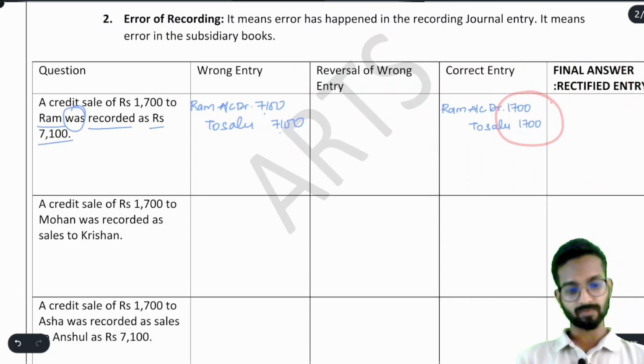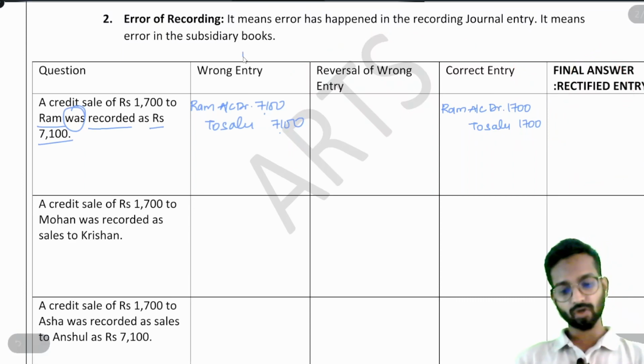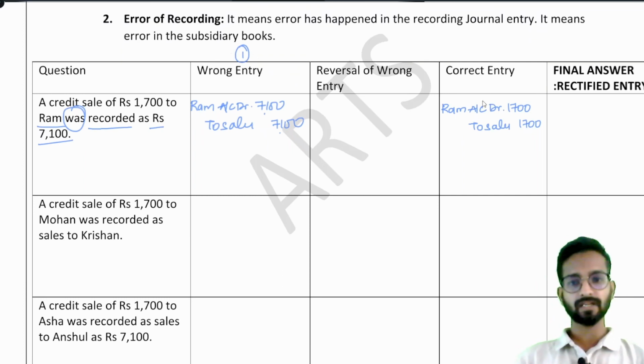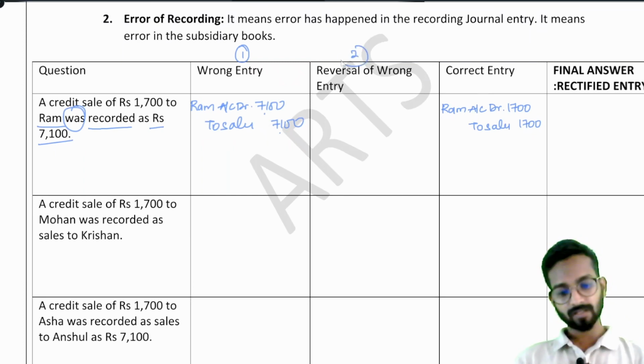Now understand the steps. First, you will write the wrong entry. We have written the correct entry in this case just to tell you how it is happening. Okay. First you will write the wrong entry, that is what wrong we have done. Now step 2 will be to just reverse the wrong entry. Reverse it.